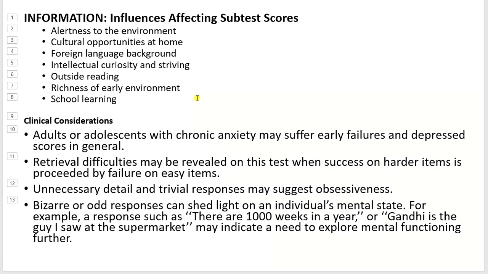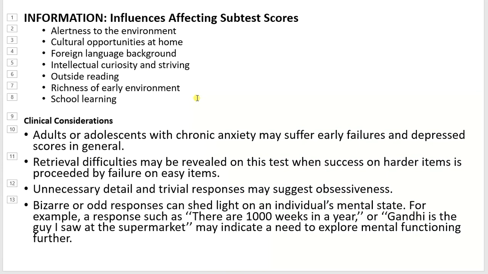Similarly, if one is providing unnecessary detail or trivial responses are given, then this may suggest obsessiveness. And doing the content analysis, qualitative analysis of the response, if the response contents are bizarre or odd responses, they can throw some light on individuals' mental state.